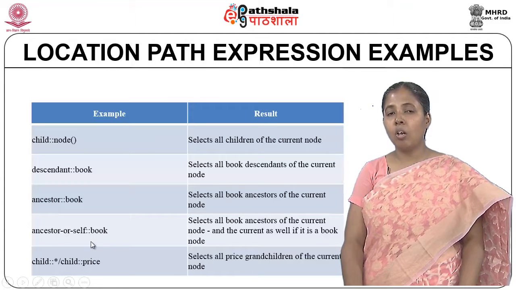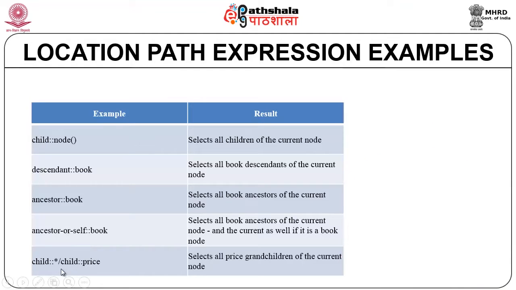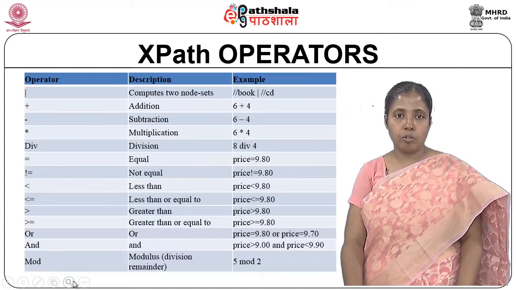This selects all book ancestors of the current node and the current node also, or self, and this selects all price grandchildren of the current node. So, you can see here child, all grandchildren and the price grandchildren of the current node.